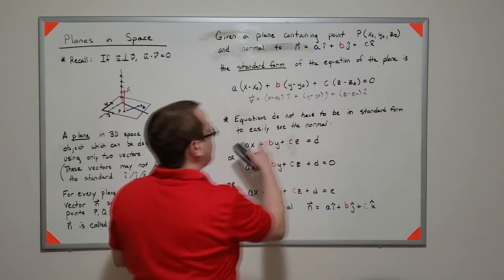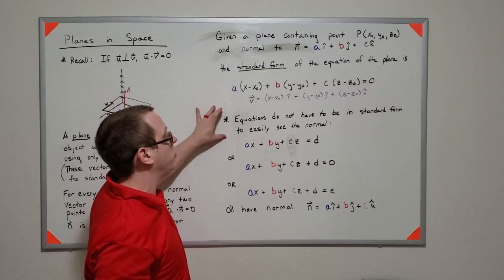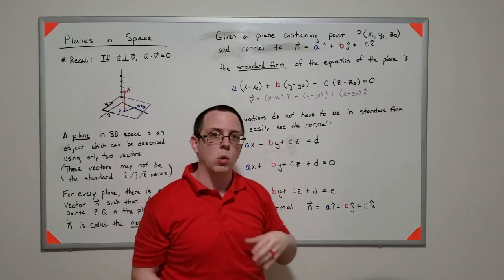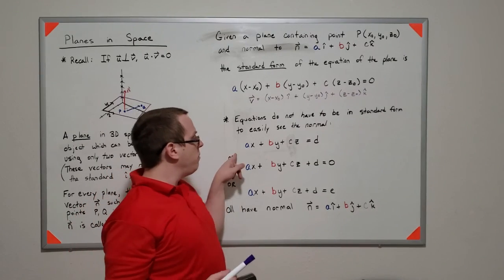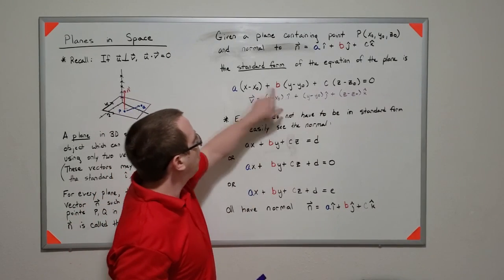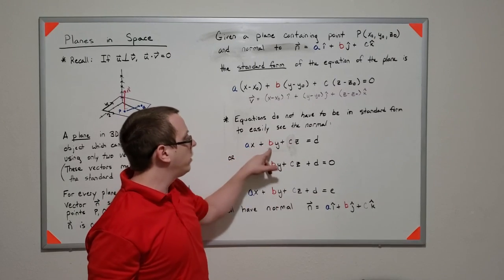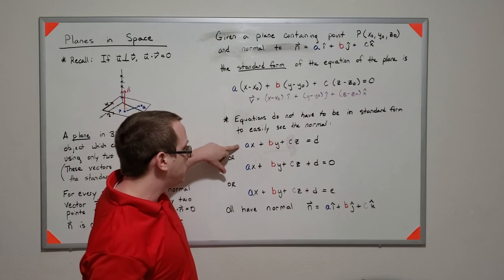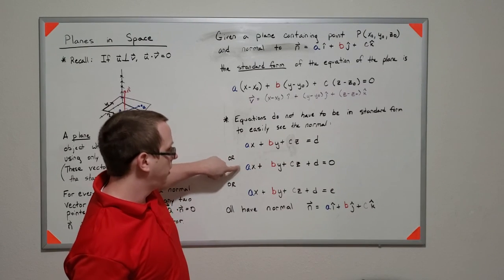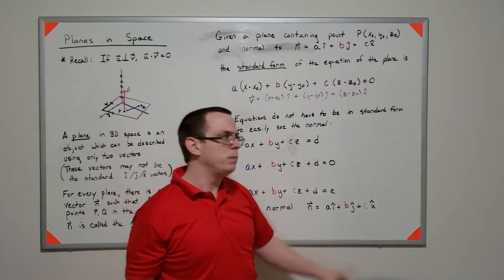Now the nice thing is equations don't have to be in standard form for us to easily see the normal. This is going to come up in homework problems, where you may see an equation that doesn't look like that, and you ask, what's the normal vector? Well, the normal vector is just the coefficients on those variables. It could look like this, it could look like that, but all of them have that same normal.